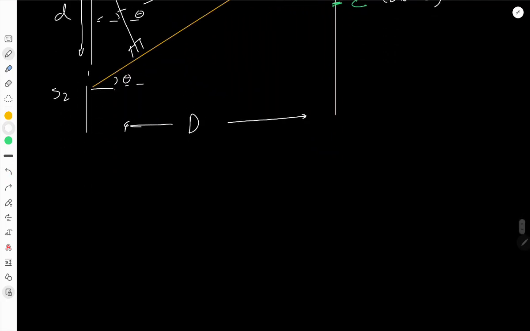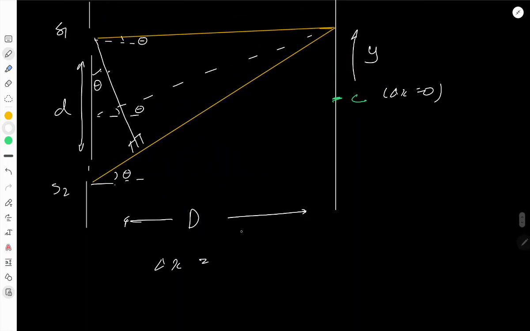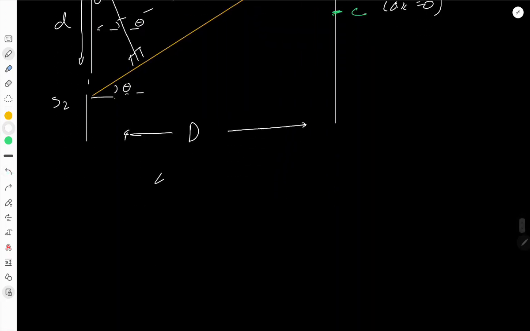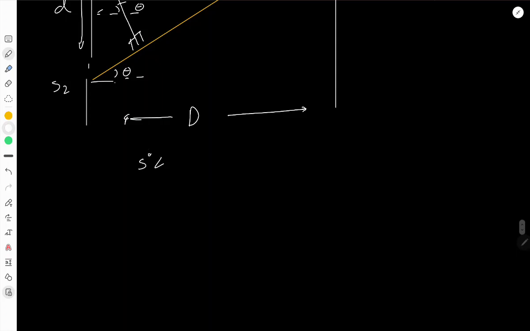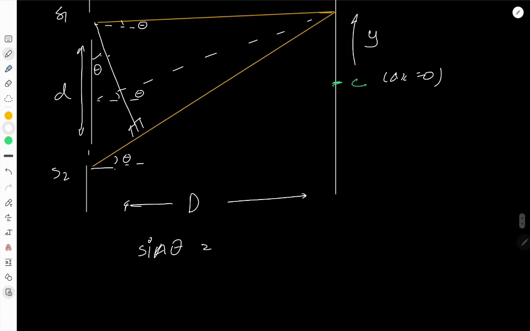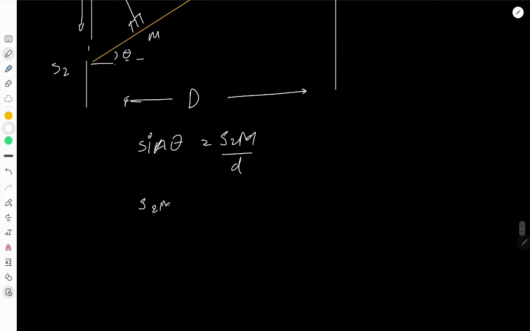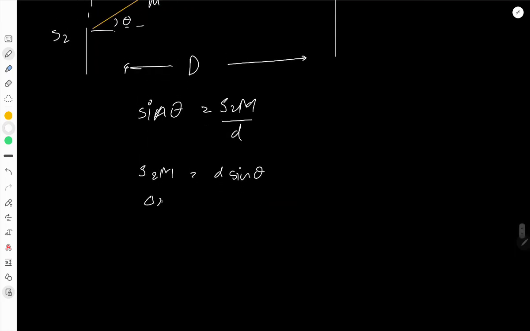and this becomes theta. So the path difference as we derived earlier was, let us apply sine in this triangle. So if we apply sine, then sine of theta becomes S2M upon d. So the path difference becomes d sine theta.